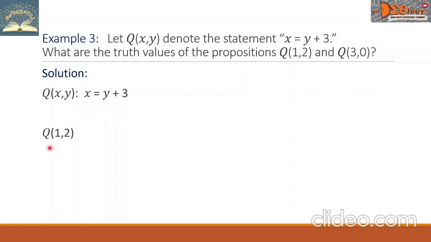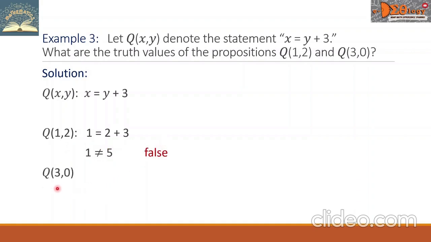Let's begin with Q of 1, 2. So the number 1 corresponds to x and the number 2 corresponds to y. We substitute respectively, so we have 1 equals 2 plus 3. Simplifying the equation, the right side becomes 5, and we say that 1 is not equal to 5. So Q of 1, 2 has the truth value false.